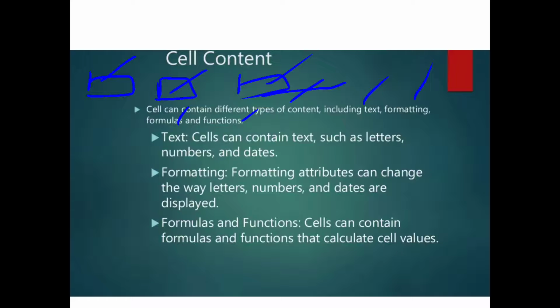So number 1, text. A cell can contain text such as letters, numbers, dates. These are text. So next, formatting. Attributes can change the way letters, numbers and dates are displayed. So with formatting, we can change numbers or dates as we wish for display.